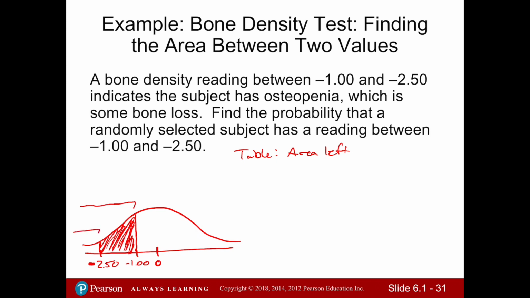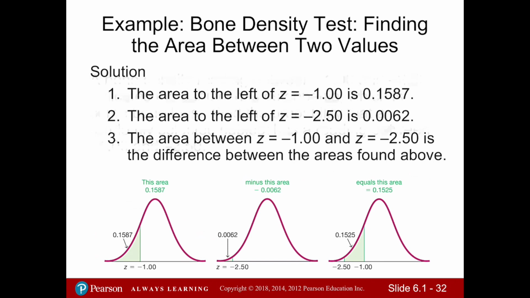What I can do is find the value of -2.5 and subtract that value. So I can find the table value of -1.0 and subtract from it the table value of -2.50. And that should give me the area between the two curves. The area to the left of the z-score of -1 is 0.1587, which we found from the previous example.